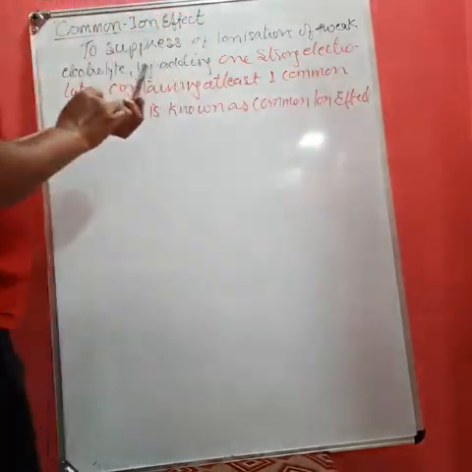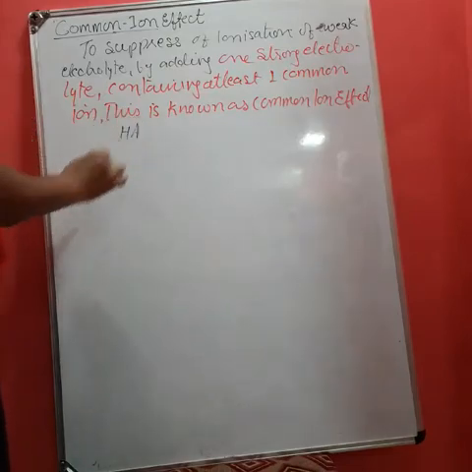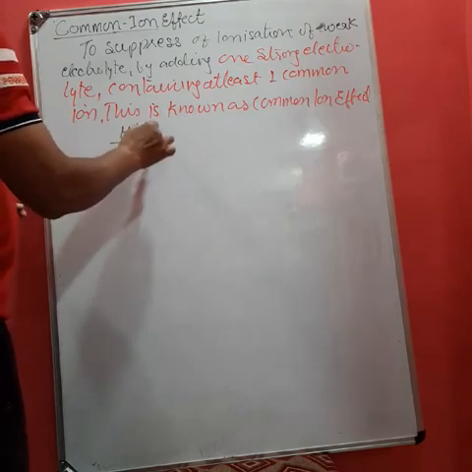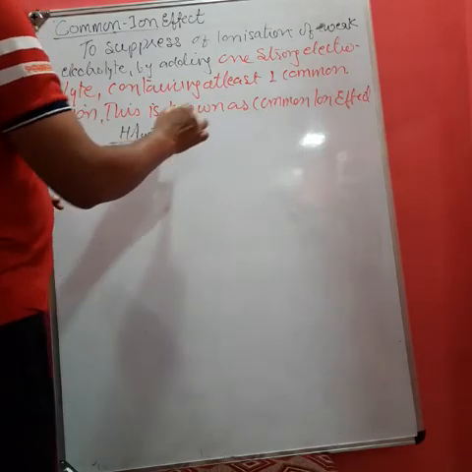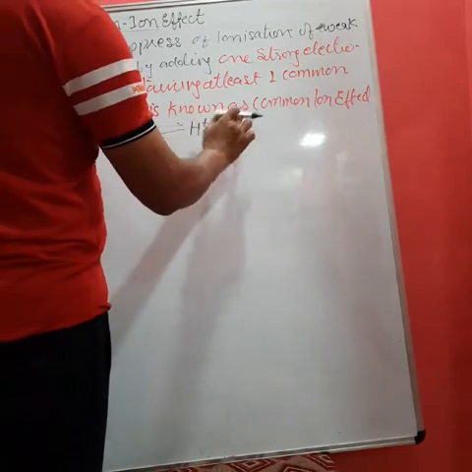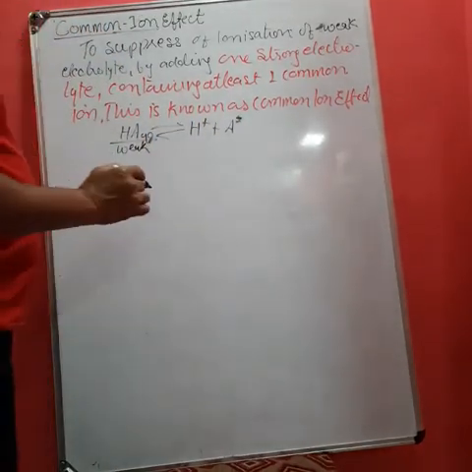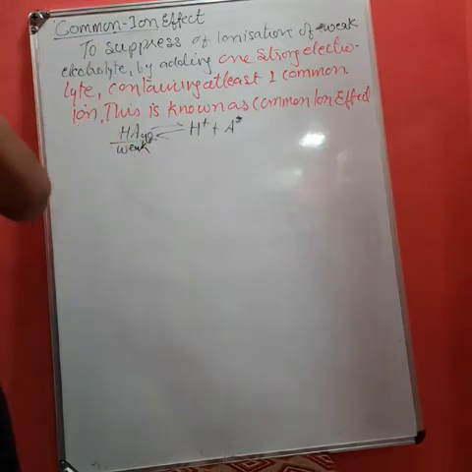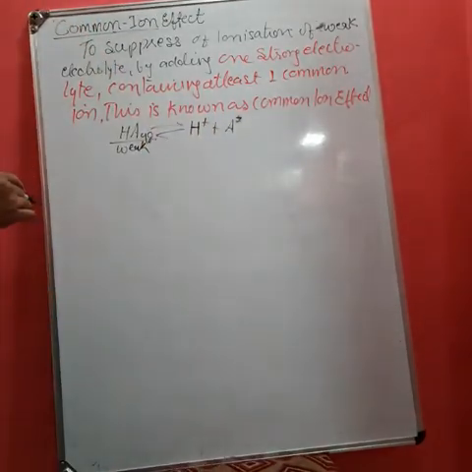Like, I am presenting it to you symbolically. Suppose HA is one of the weak acids. Already its aqueous solution ionizes very feebly, that is, a very small quantity of H cation and A anion is produced. But if we add any strong electrolyte containing, suppose, H cation is present, isn't it?